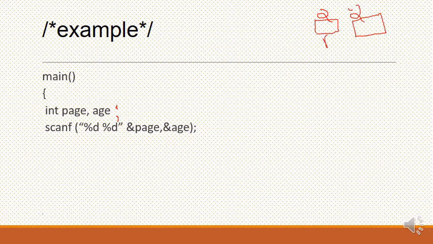Its value is the percentage and its value is the age. Another thing is that each has some address. For example, let us say its address is 4000 and the other is 4002, or it may be 4008. It is not necessarily 4000 and 4002; I am just taking an example.